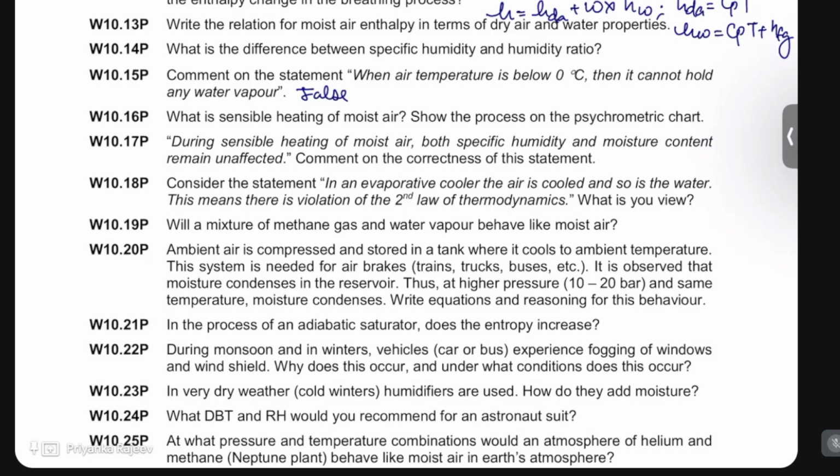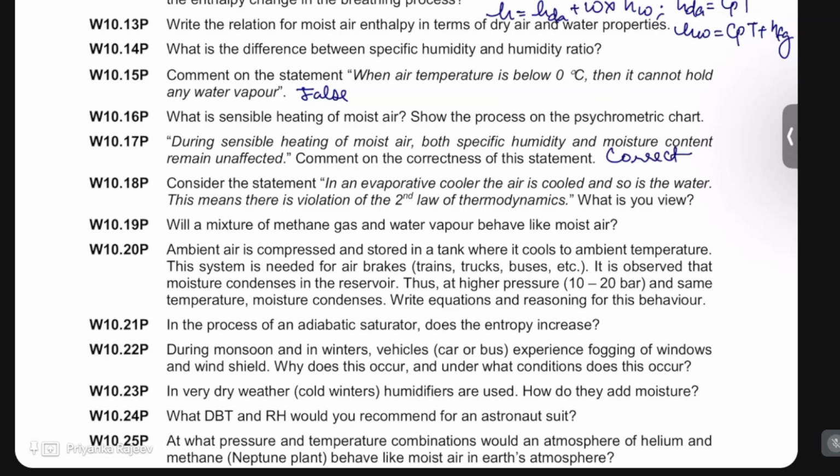Since no moisture is added or removed, humidity ratio remains the same. So specific humidity, if it is defined per moist air content, would change slightly since temperature has changed, but the mass ratio is going to remain the same. So the statement is correct.